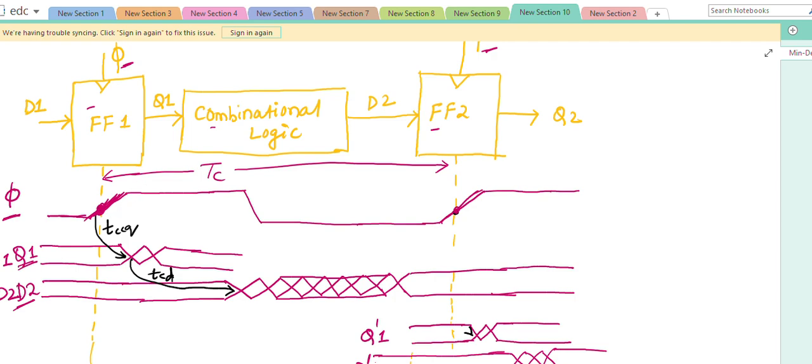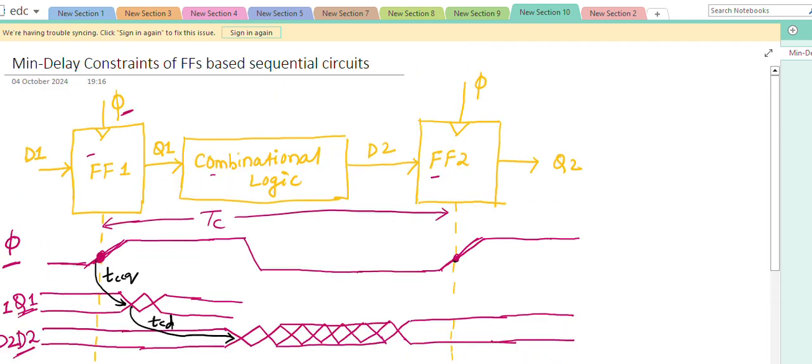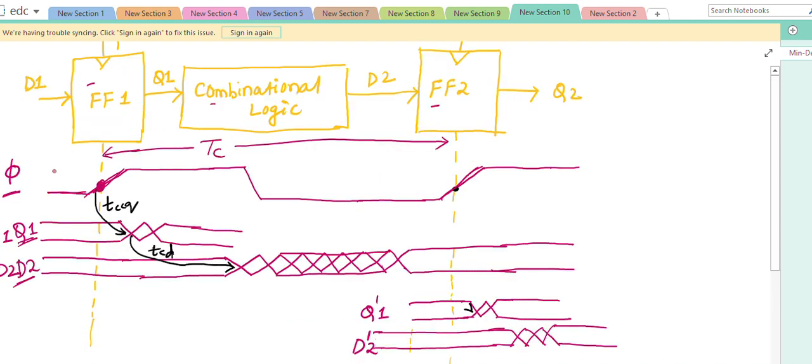The delay from the active clock edge to when the output starts changing is known as the contamination clock to Q delay, TCCQ.